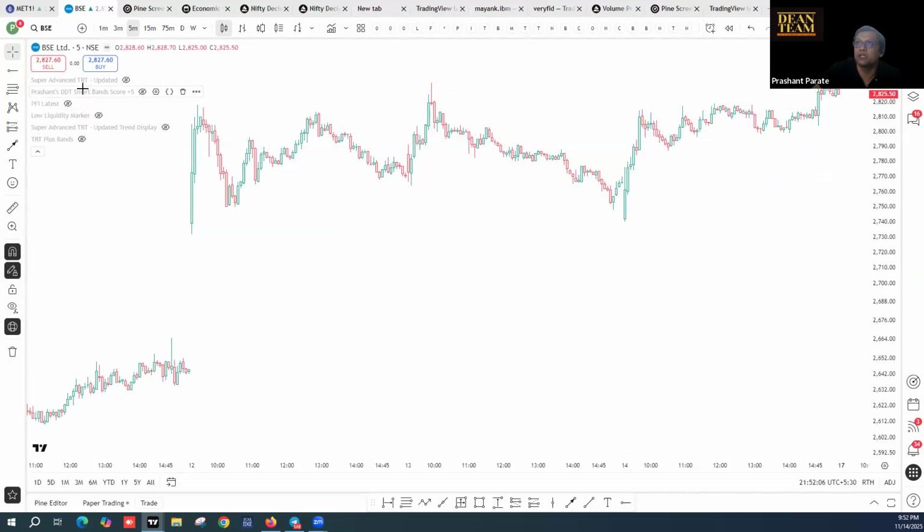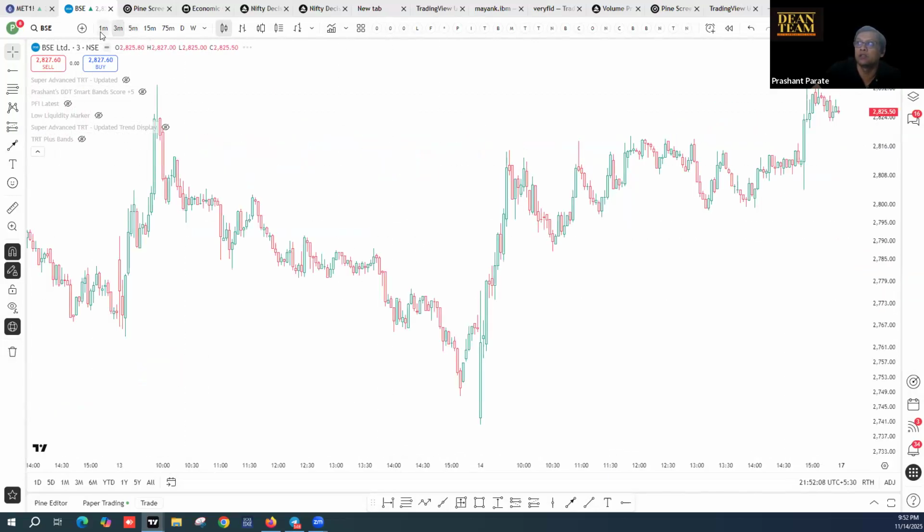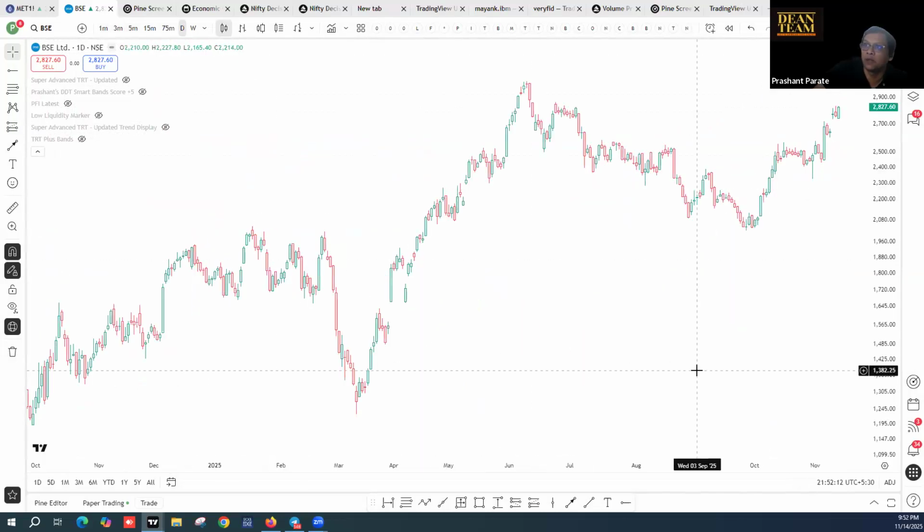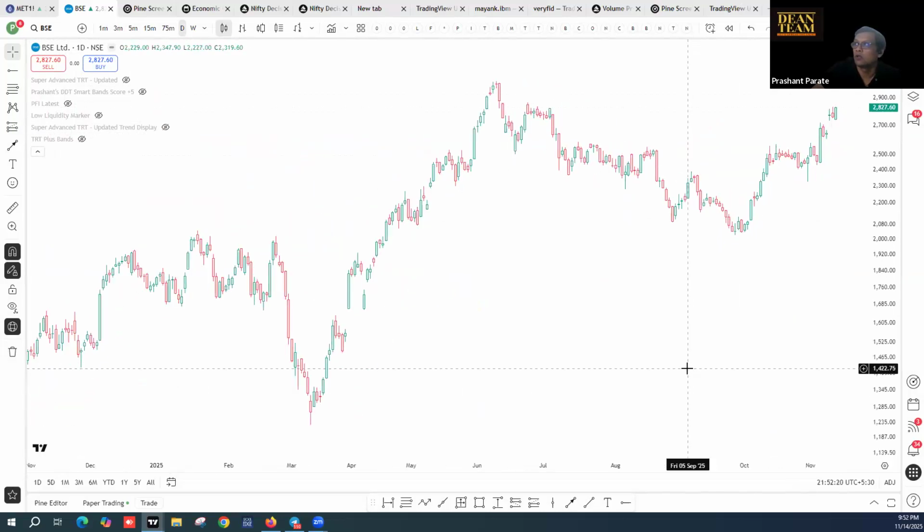But the BSE intraday chart is usually not visible if you are using non-subscribed data. It will come only when you subscribe to this data. Okay, that is because of BSE's policy. It has nothing to do with TradingView. TradingView will give you all data live whenever it is free, and if the exchange wants payment for that data, then they will ask for payment.